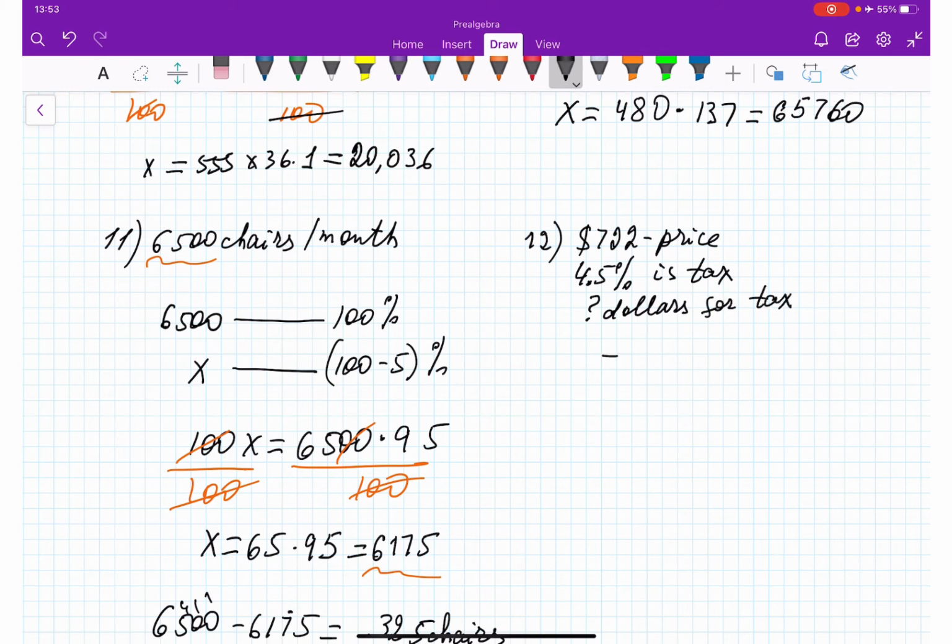So if $722 is 100%, then 4.5% is X. So 100X is equal to 4.5 times 722.